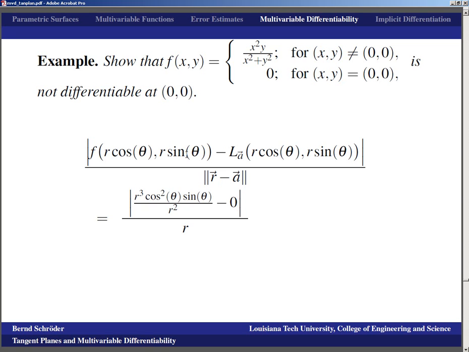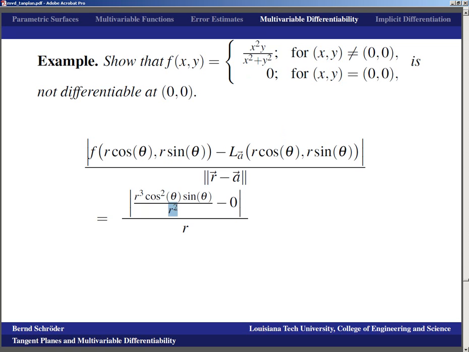F of r cosine theta, r sine theta, we've already worked that out before in the previous presentation. We have a y and an x squared, so we get an r cubed, and then we get a cosine squared theta from the x squared and a sine theta from the y. And of course, the denominator is x squared plus y squared, which is r squared, because this is nothing but polar coordinates.